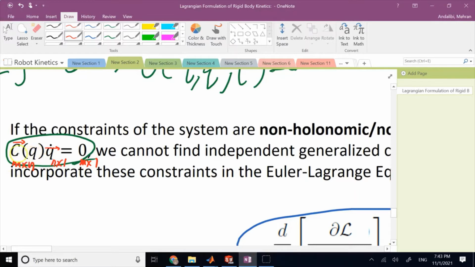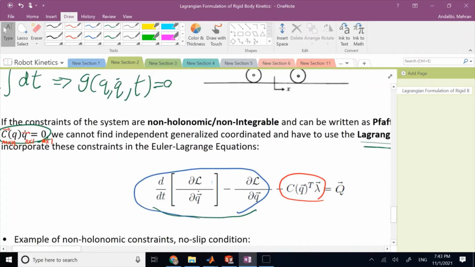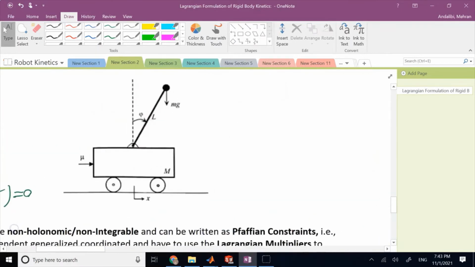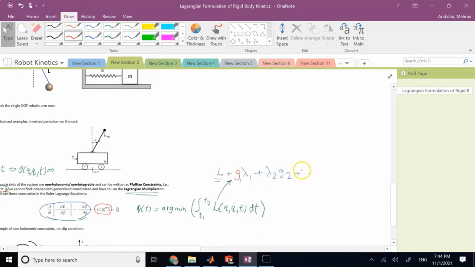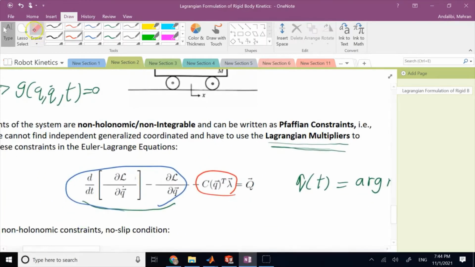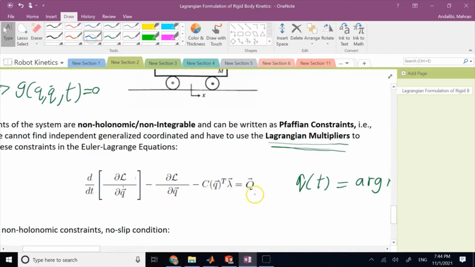So C in general is a matrix, and this relation C(q) q dot involves all of your constraints in matrix format. And this lambda that you see as a vector is the vector of all those lambda 1, 2, 3, and all those individual lambdas I mentioned. So you can write your overall Euler-Lagrange equation in this matrix format for all of the variables in q.